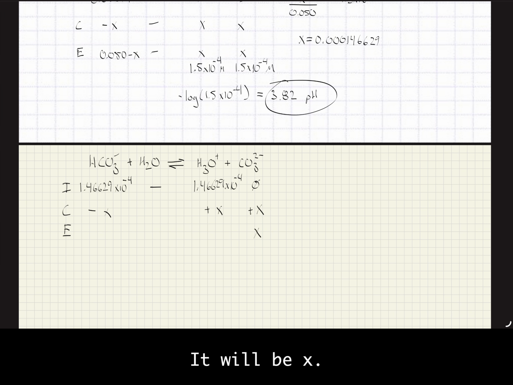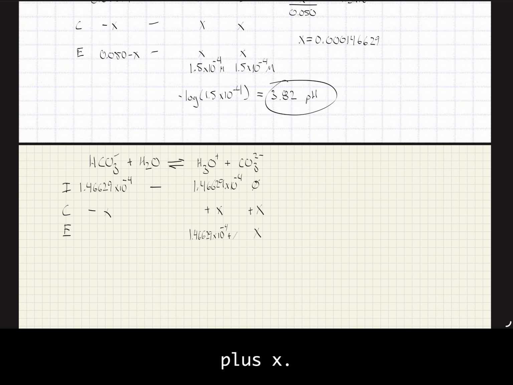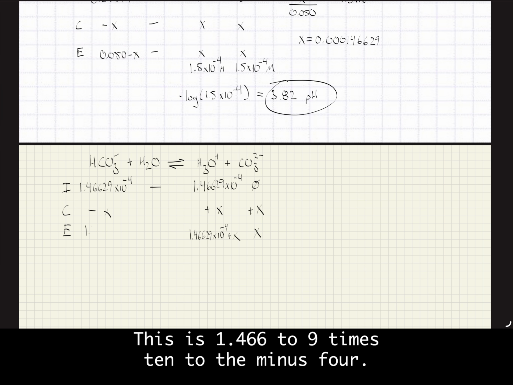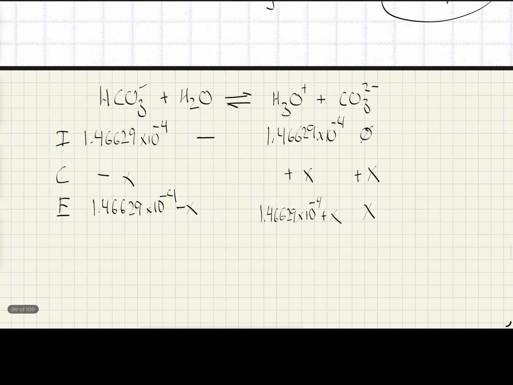It will be X. This is 1.46629 times 10 to the negative 4 plus X. This is 1.46629 times 10 to the minus 4 minus X. Somebody new. Why is this minus X?